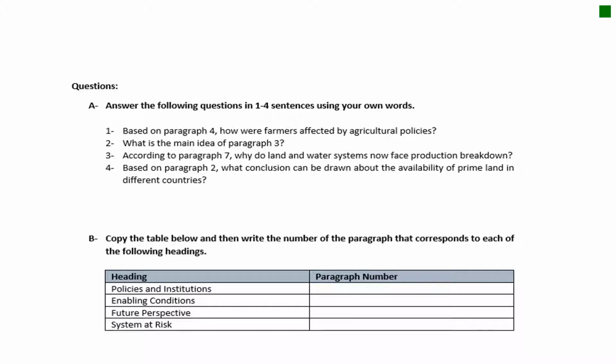In B, copy the table below and then write the number of the paragraph that corresponds to each of the following headings. Notice here they say heading, okay, and they say paragraph number.